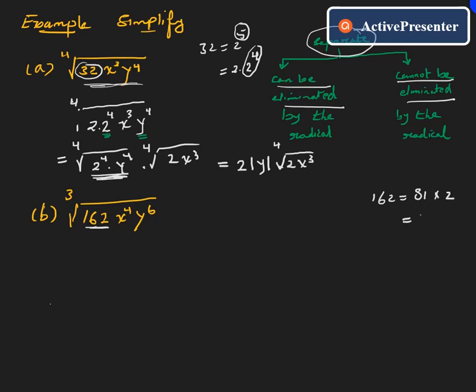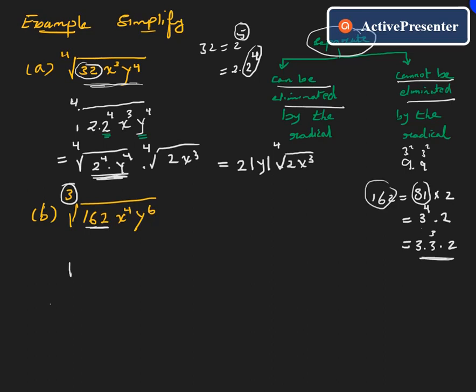This is exactly 3 to the power 4 multiplied by 2, because 81 is 9 multiplied by 9, which is 3 to the power 2 times 3 to the power 2. However, we are interested in the cube of 3. So we can write 3 multiplied by 3 to the power 3 multiplied by 2. Okay, this is how we can utilize 162 inside the radical.